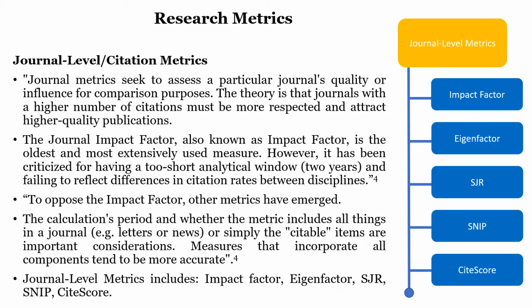The metrics that fall under the journal level category are impact factor, Eigenfactor, SJR, SNIP, CiteScore. The calculation period and whether the metric includes all the items in the journal or simply the citable items are important considerations. Measures that incorporate all components tend to be more accurate.